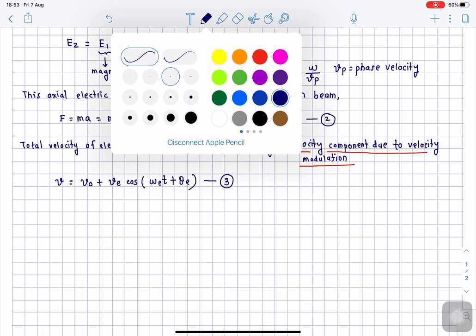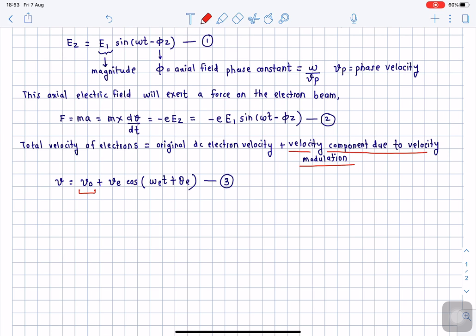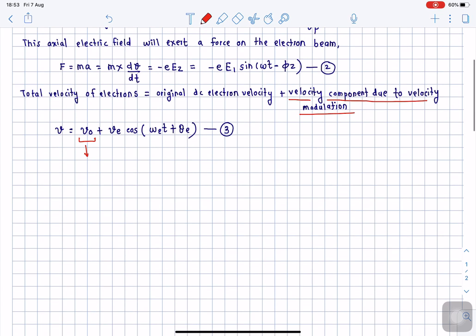In equation number 3, the first part indicates the original DC electron velocity, while the second part of the velocity is due to velocity modulation that is taking place over the length of the helix.